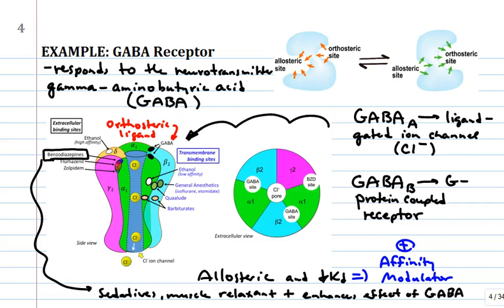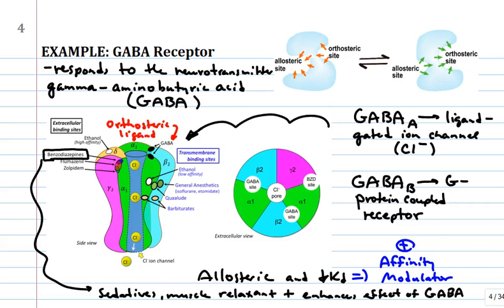So, I don't want to spend a lot of time on the GABA receptor. It's very much important. But this is just our model for what's an orthosteric site. What are allosteric sites? And you can see from the GABA receptor, some of these receptors have many allosteric sites in different places that can really impact the biological activity of the receptor.